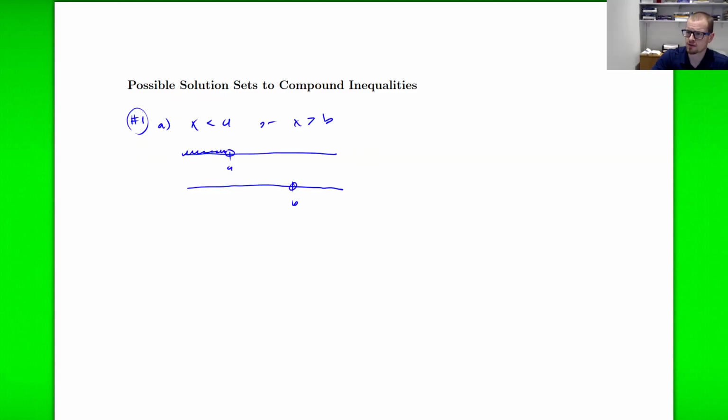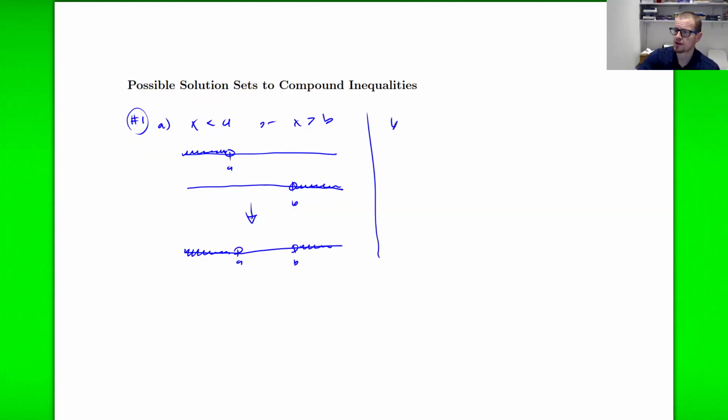If x is greater than b, we would shade all of this. And so together, our final answer would be that it could be anything to the left of A or anything to the right of B. And life is good. So we could end up with that scenario.